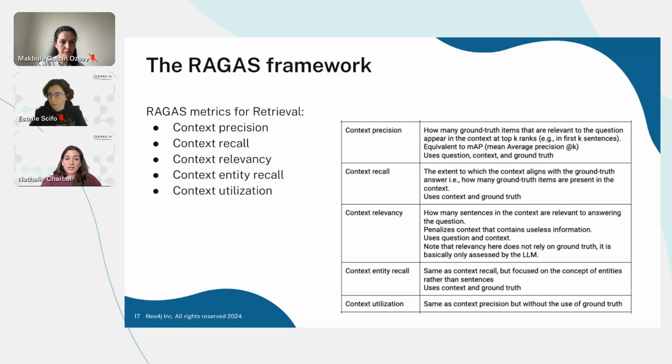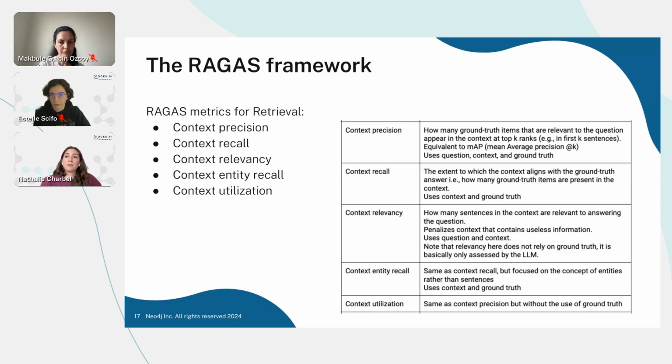Some of these metrics do require ground truth answers generated by humans or by LLMs, but others, like context relevancy, do not. For context relevancy, the LLM is asked to count the number of statements in the context that were relevant to answering the question.